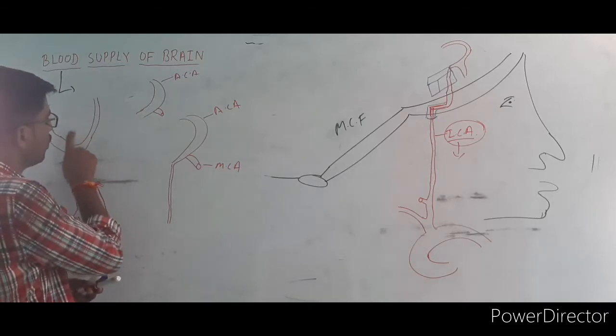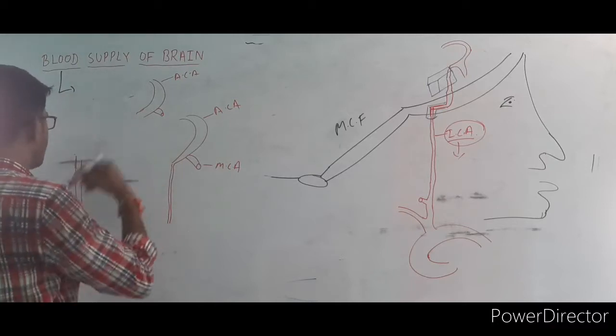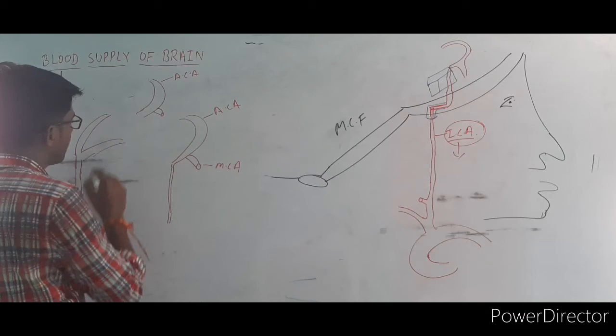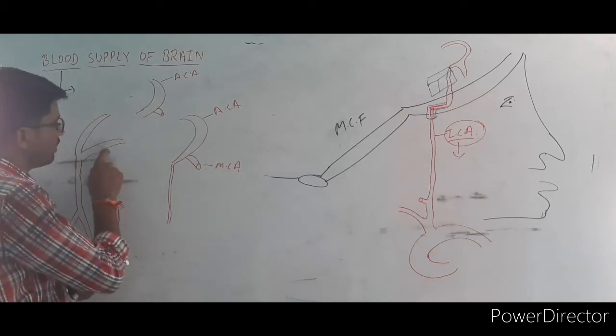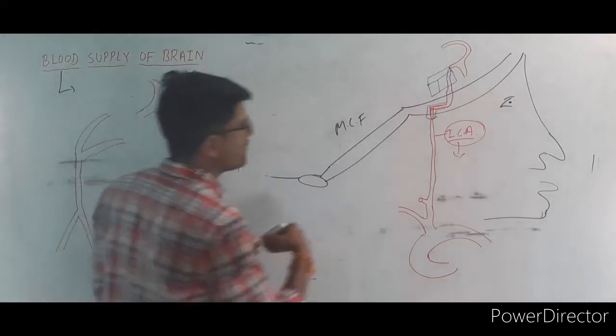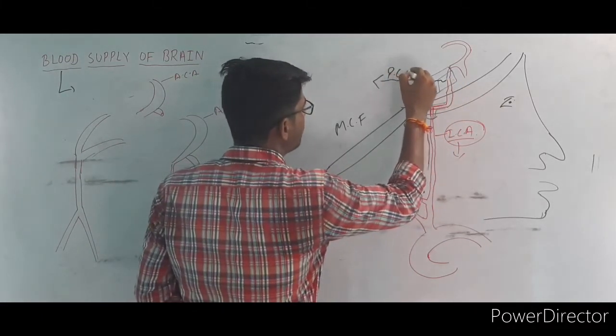I want to draw it here, it's like this. And these are the terminal branches. Just now I mentioned one big branch that is called the posterior communicating artery.